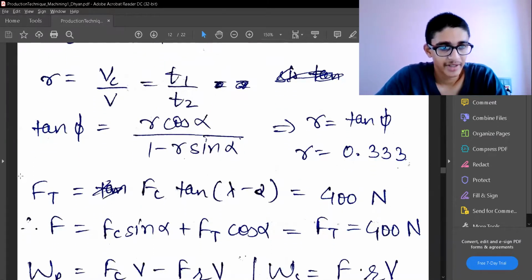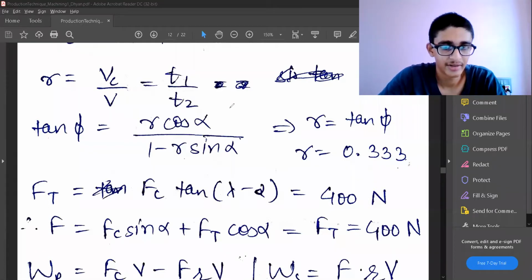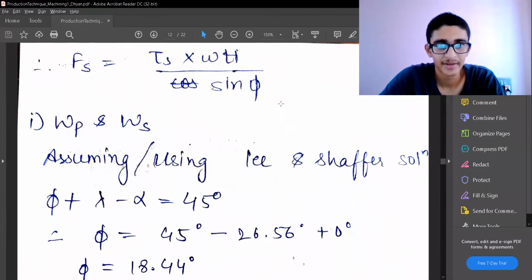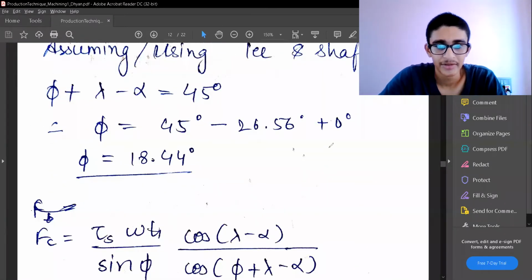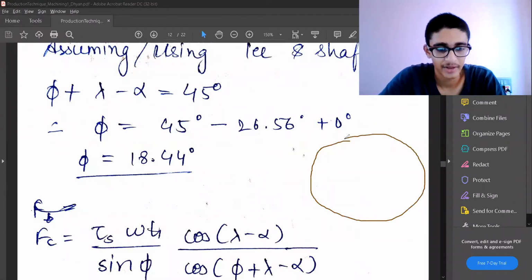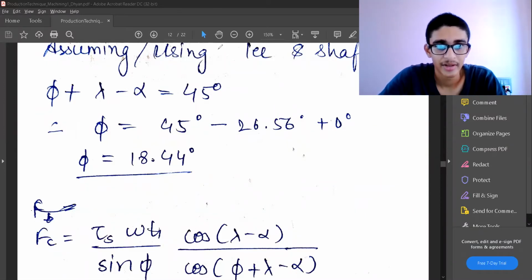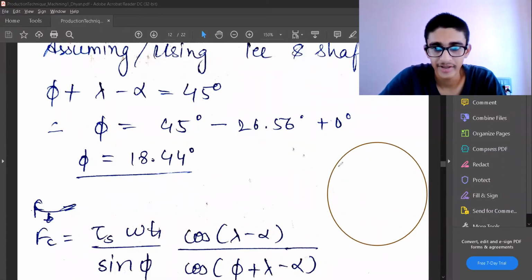And now we can estimate the Ft, which is Fc tan of lambda minus alpha. These are coming from the Merchant circle. Let me use some free space. So we had a circle like this, in which we were drawing some lines which were force lines.